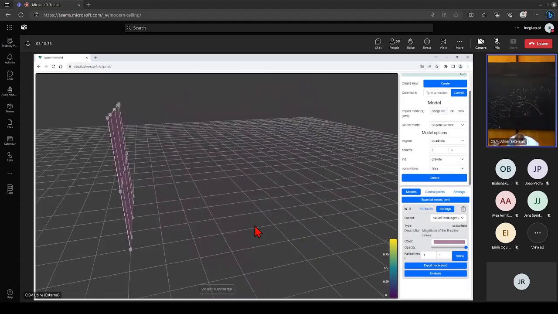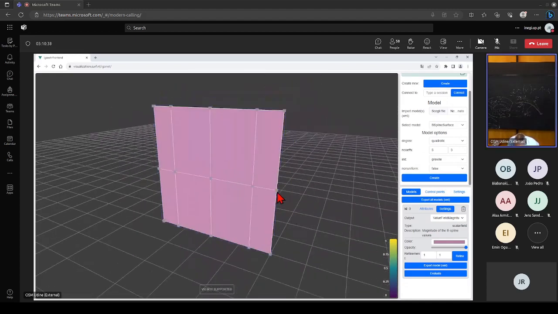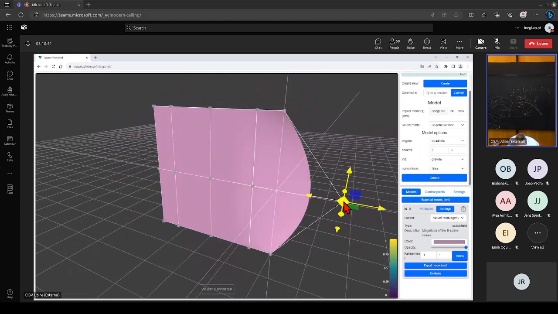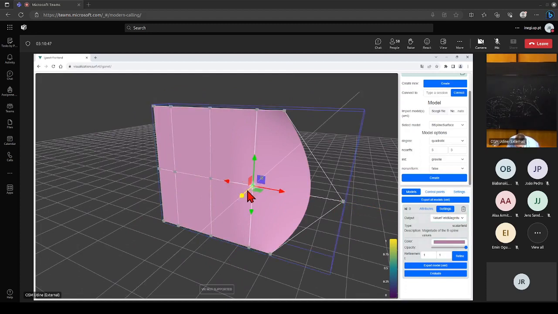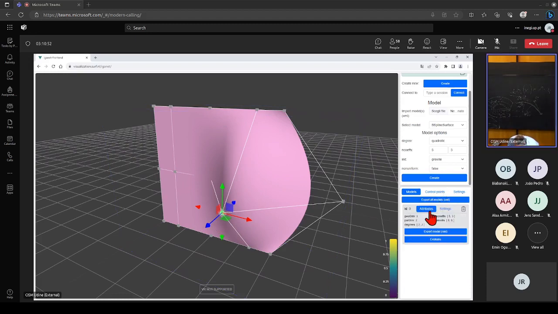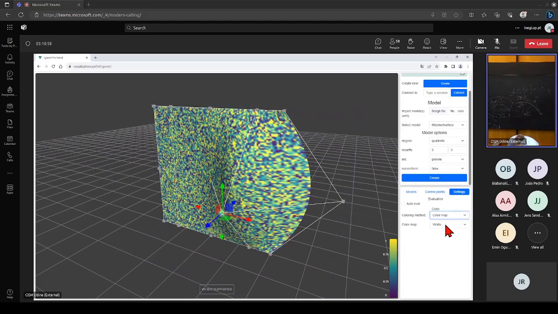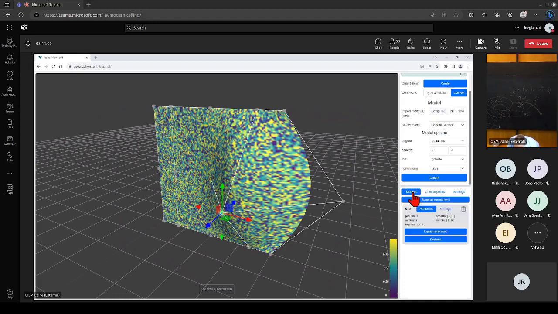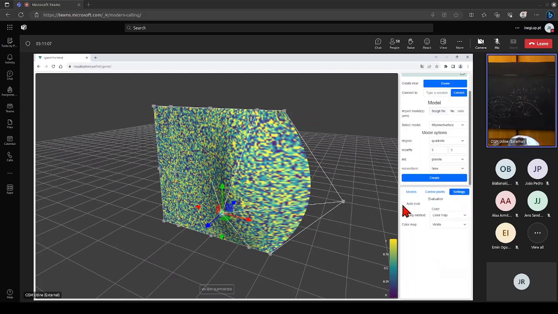So you can draw it, then you can modify things. Coloring. So here it looks again, auto evaluate.